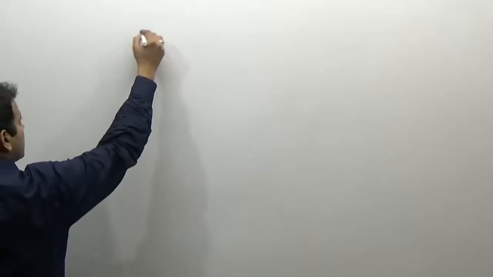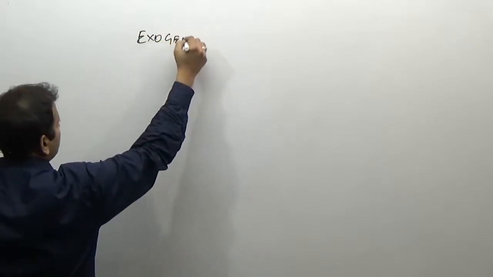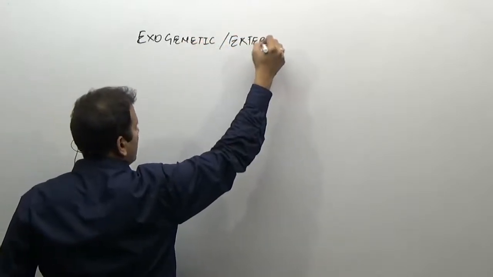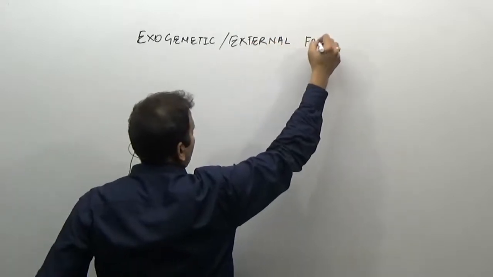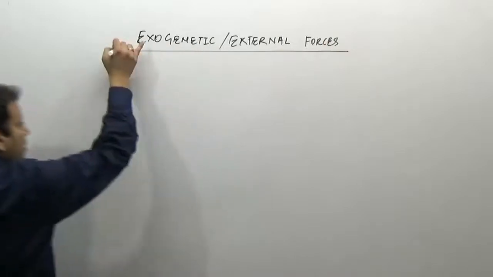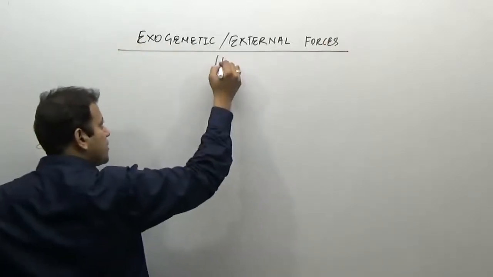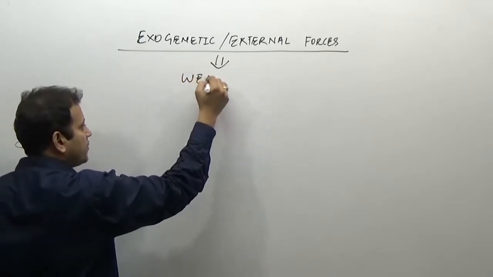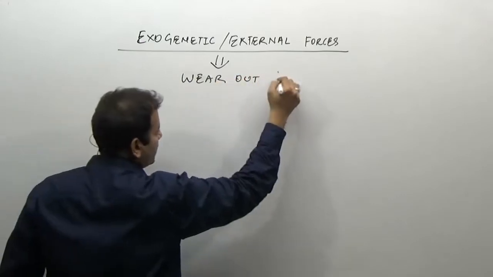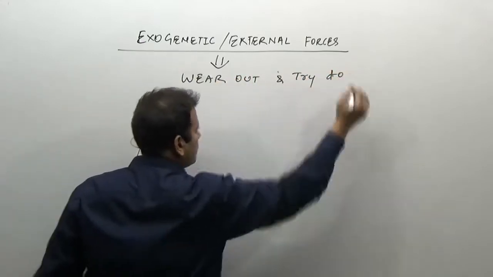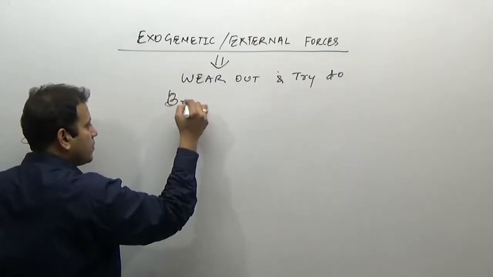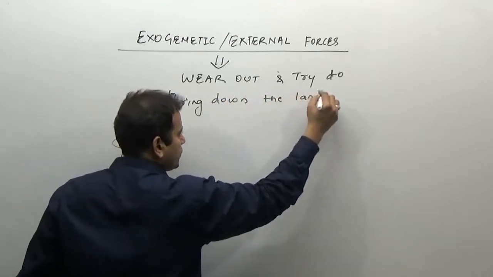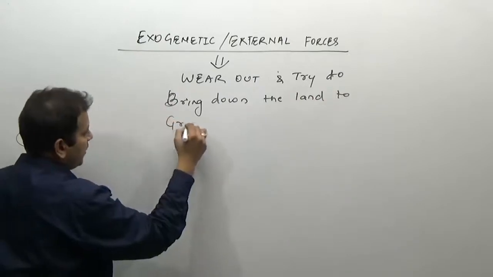So the exogenetic processes, or external forces, wear out the land and try to bring down the land to the grand base level.